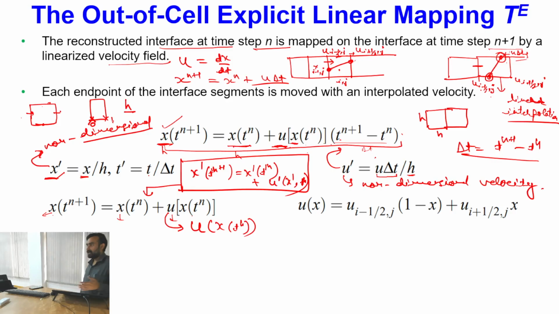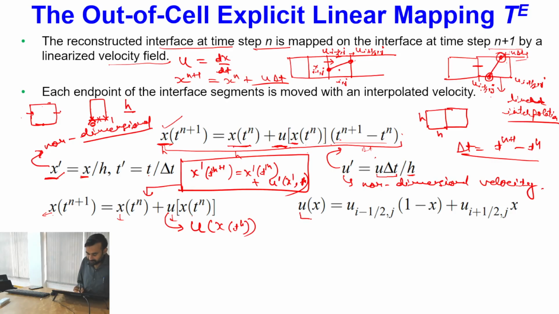Because I am dividing x by h, if I measure any value of x with reference to the left boundary, that will be 0, and at the right boundary x will be of size h, so ultimately it becomes equal to 1. As it varies from 0 to 1, if I have any point in between 0 and 1, then interpolation of the velocity becomes easy. Is this point clear?